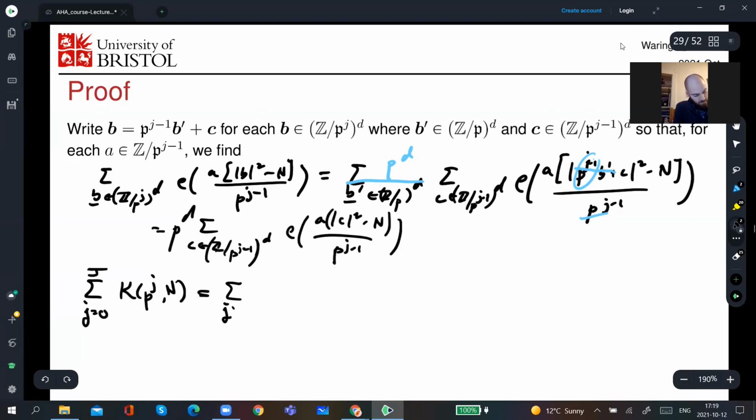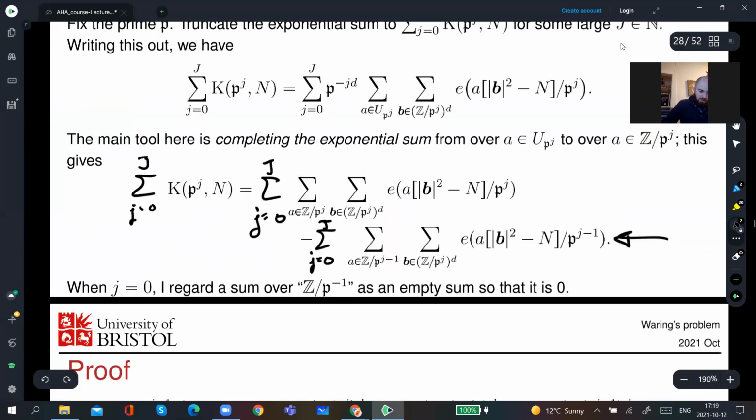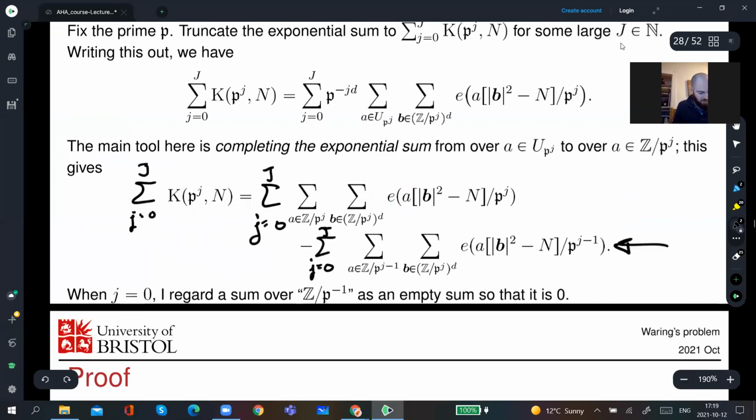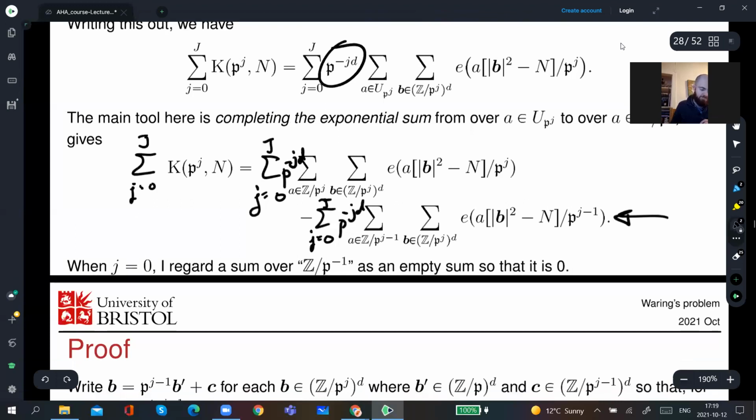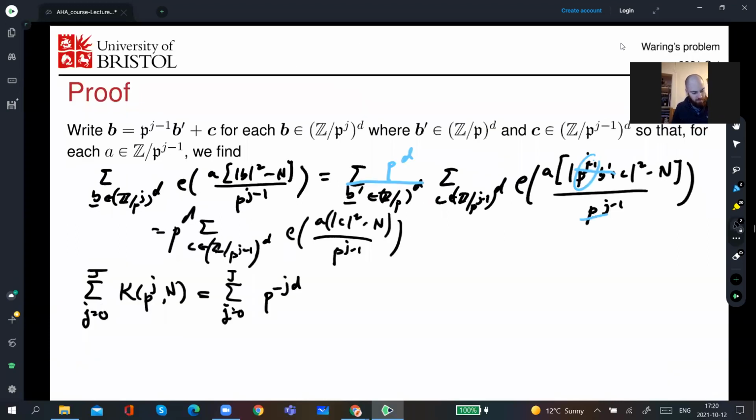That's the sum of p to the minus jd. That was the factor from before that I've left out. Oh, I should have had that here too. P to the minus jd. Right, that's this term right here. Great. Of the sum over a and z mod p to the j.